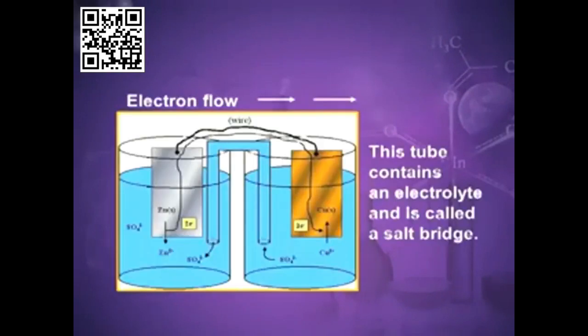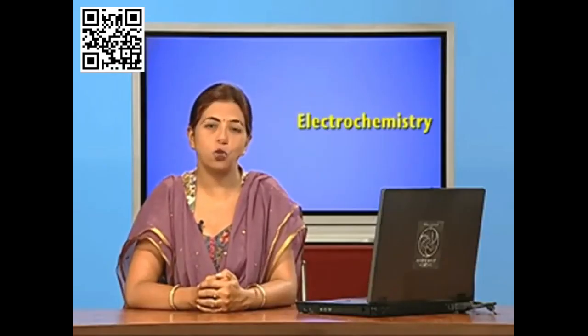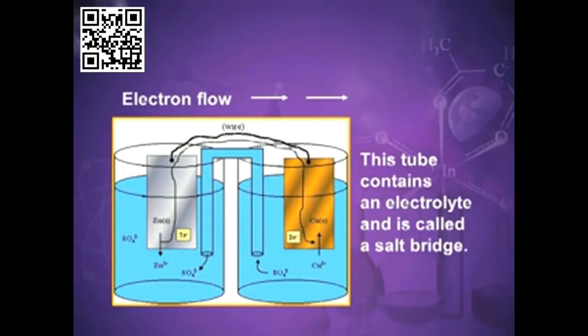In the picture, now you can see that there is an inverted U-tube. One end of the U-tube is inserted in the zinc half cell and the other end is dipped in the copper half cell. This is a salt bridge. This tube contains an electrolyte and is called a salt bridge.